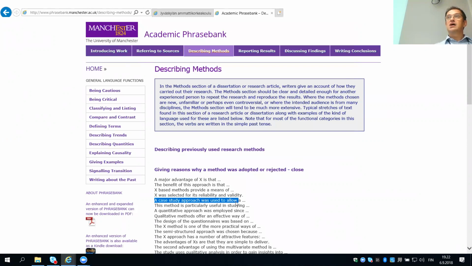If your results are in line with earlier research, then these results are consistent with, these results are in line with, or these results confirm, support. These are the vocabularies that you may be using in your text.